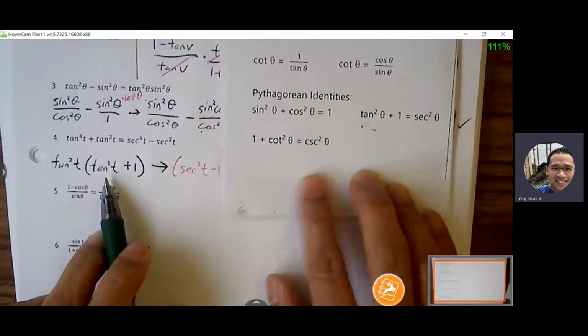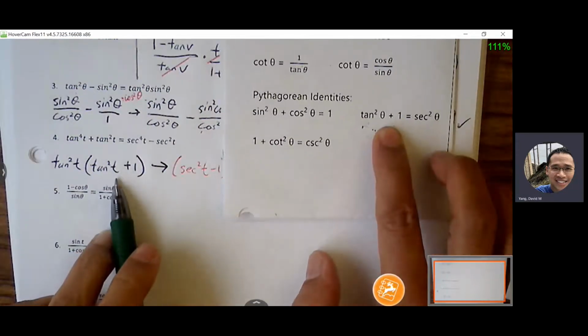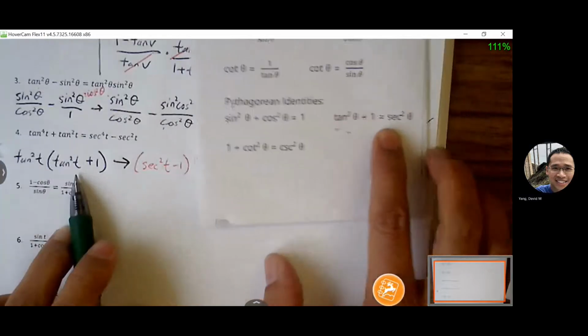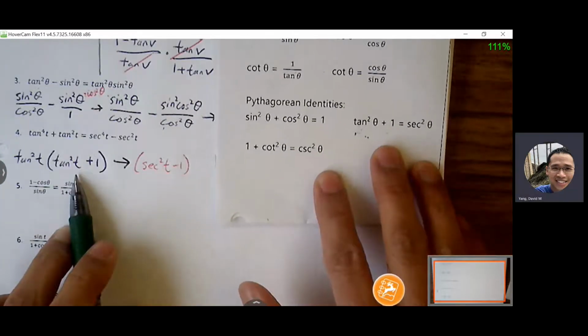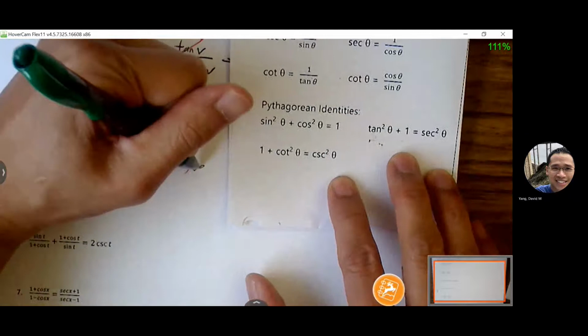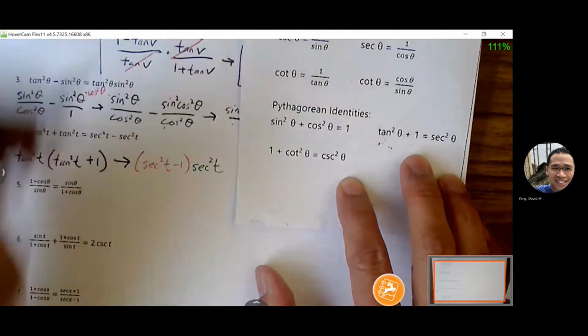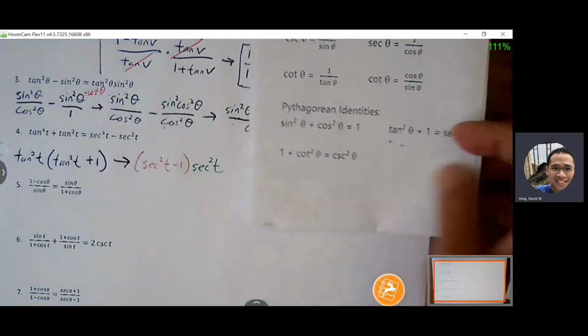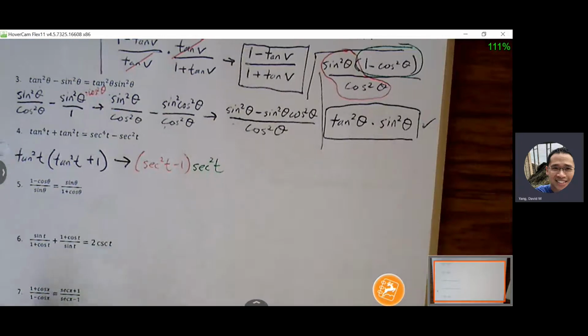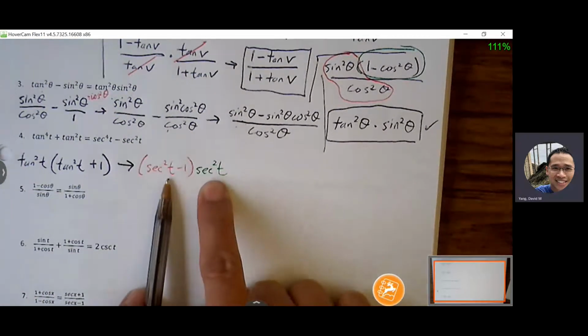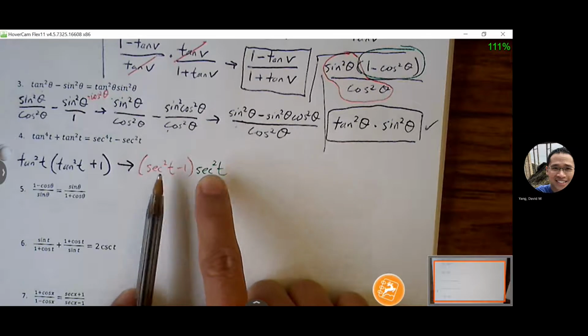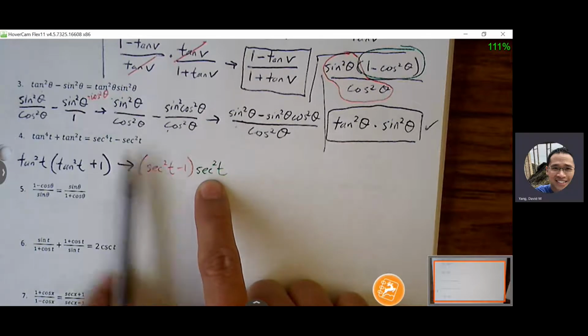And then the tangent squared plus 1, I can replace this piece with secant squared. At least we have everything in terms of secant. So what can we do here to hopefully make it look like this?